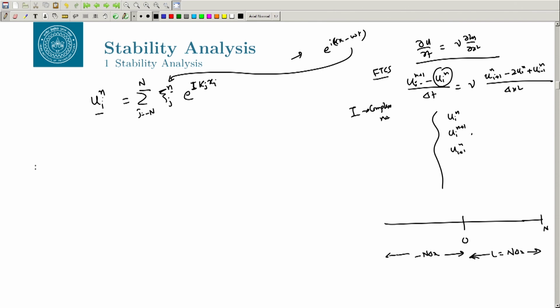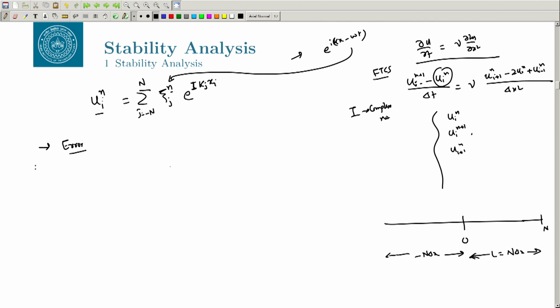Now, the stability analysis suggests that our amplitude should not grow in time unbounded. That is the definition of stability. In the formal definition of stability, we talk about the error.